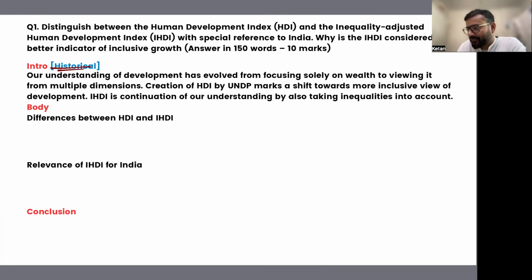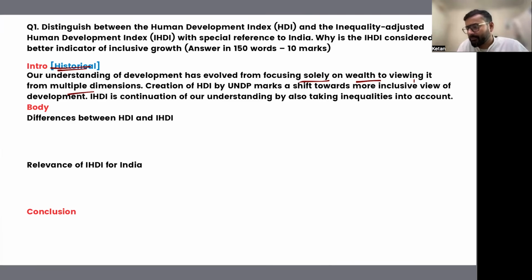Like you can start with: our understanding of development has evolved from focusing solely on wealth to viewing it from multiple dimensions. Okay, so earlier the idea of development was solely focusing on the GDP or GNP or the economic growth rate. Now our idea of development has evolved and we focus on various dimensions.